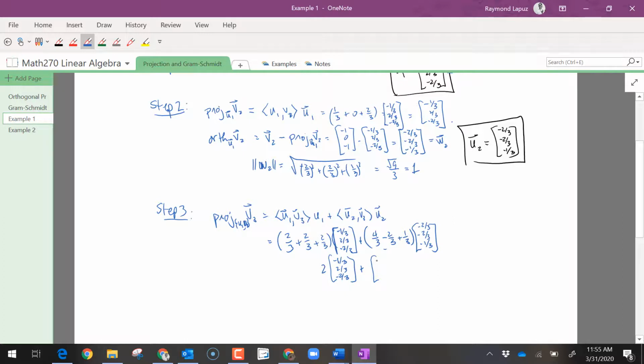So we just have minus 2/3, minus 2/3, negative 1/3. So we have negative 2 plus negative 2, that's negative 4. Positive 4 minus 2 is 2. And then negative 4 thirds minus 1 third is negative 5 thirds.